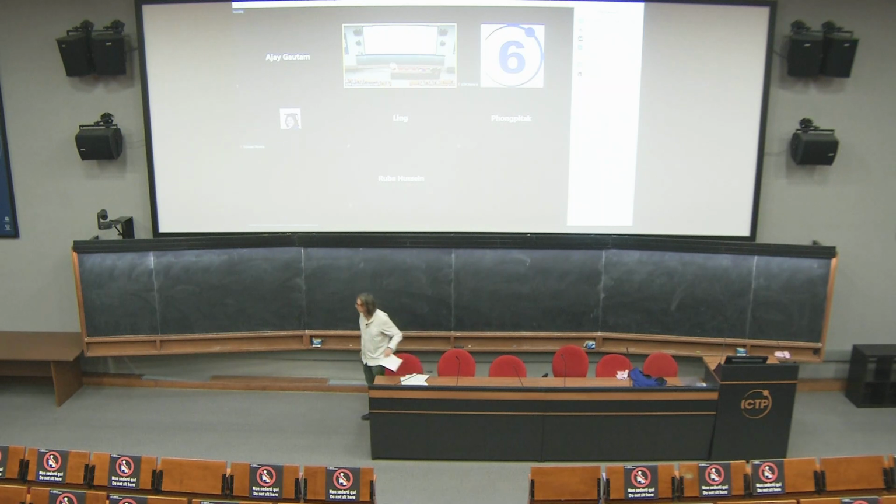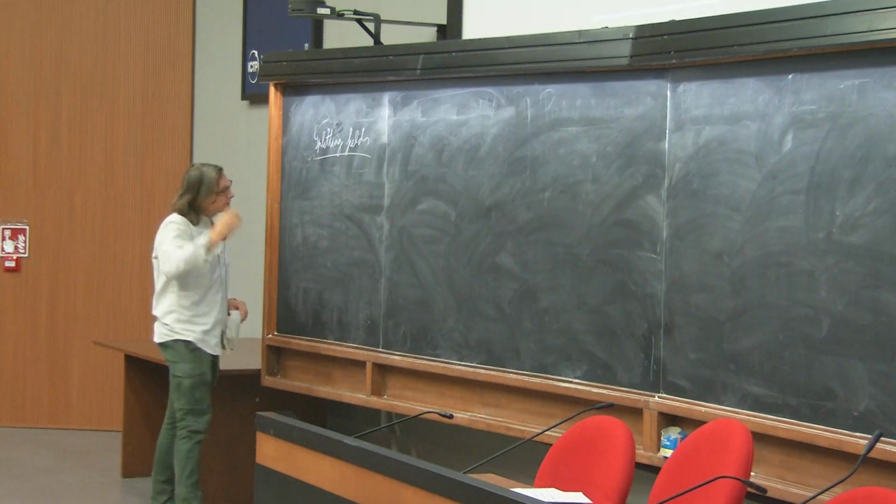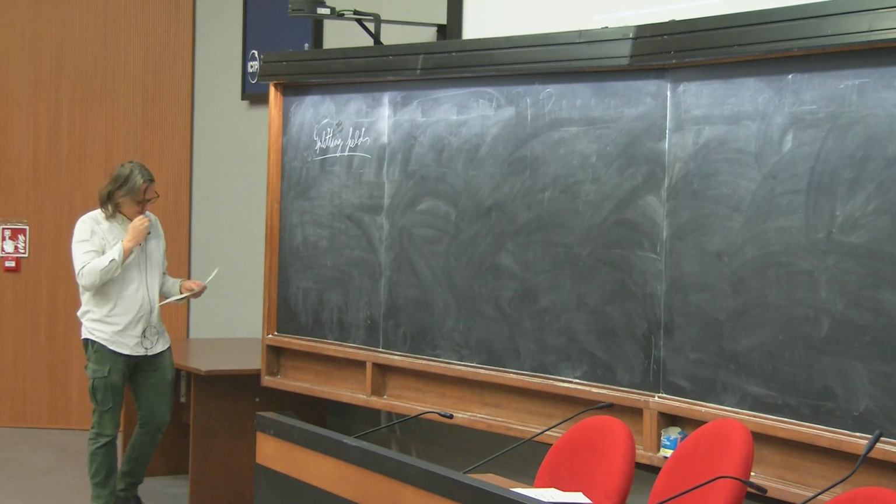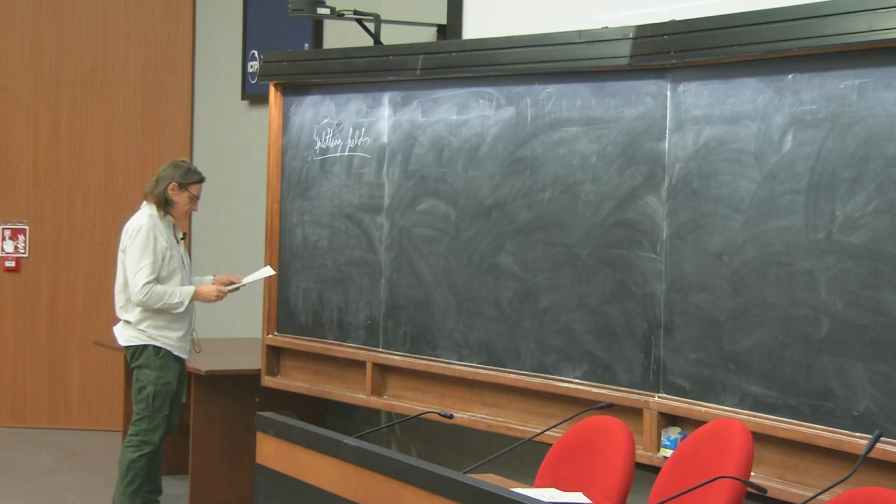So we were talking about splitting fields. This is just the smallest possible field extension of a field K over which a certain polynomial splits. We had studied this.